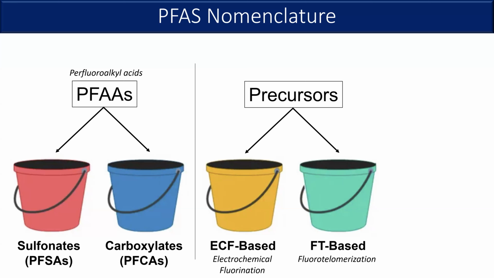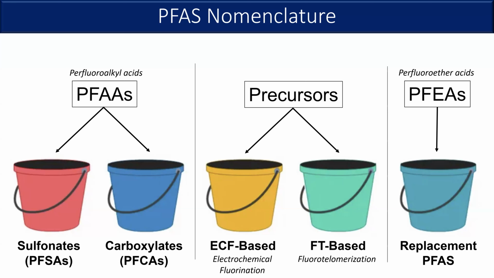So now we're starting to see different types of processes that can create different signatures between different source areas. There's a fifth category, PFEAs, perfluoroether acids. I'm not going to talk that much about those today. With AFFF sites, they're not as much a concern. These are typically replacement products like HFPO-DA, which is a GenX class.